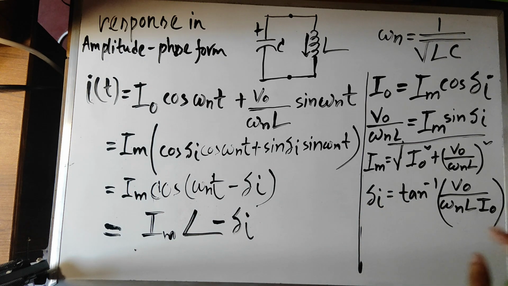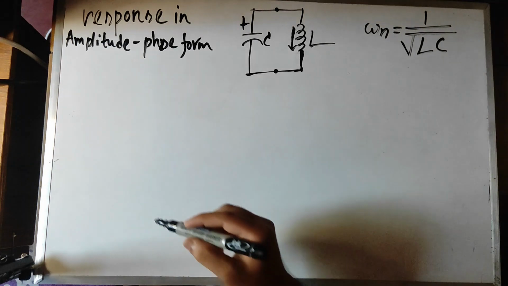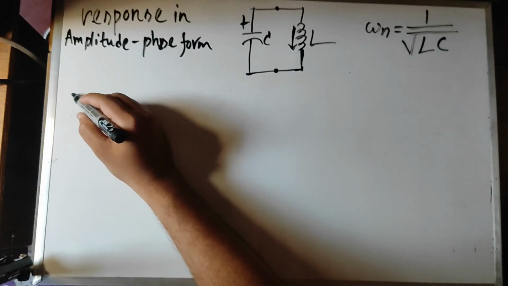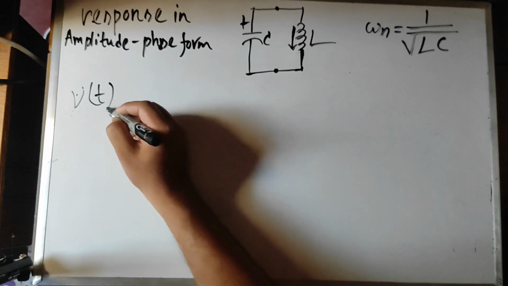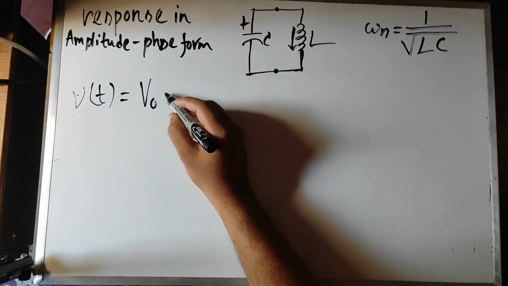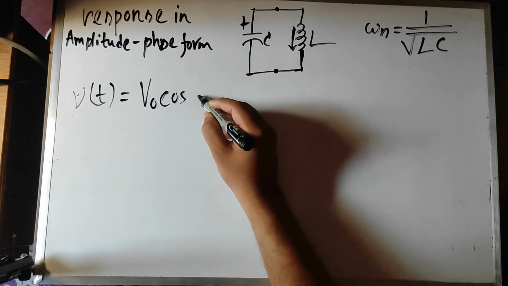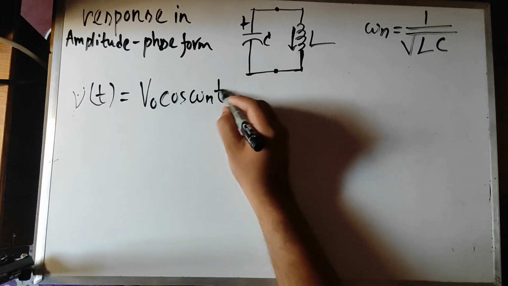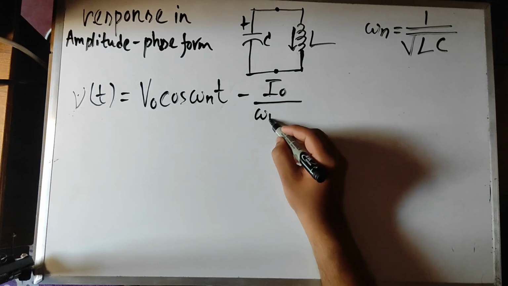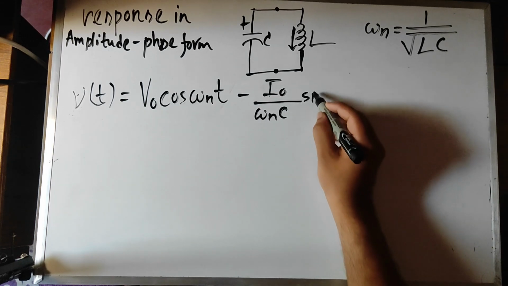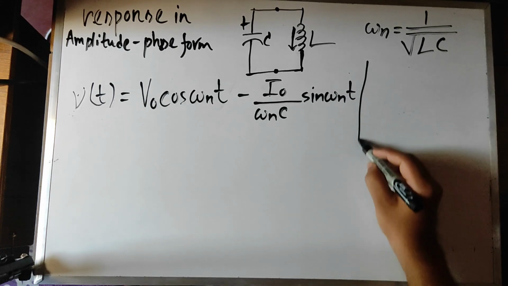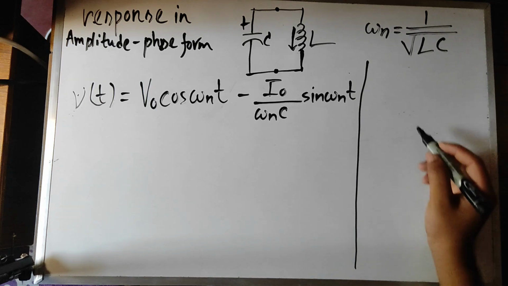Now for the voltage response part, v(t) equals initial voltage of the capacitor V0 cos omega n t minus initial current by omega n C sin omega n t. Now let us assume like before.